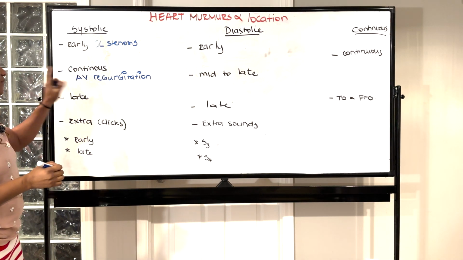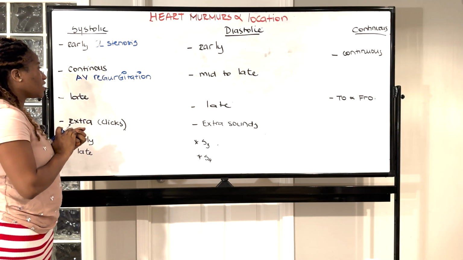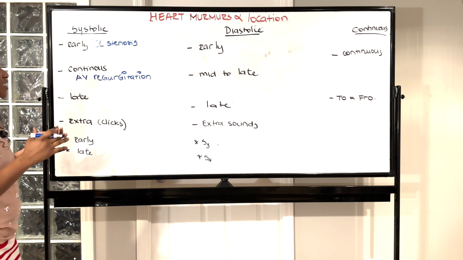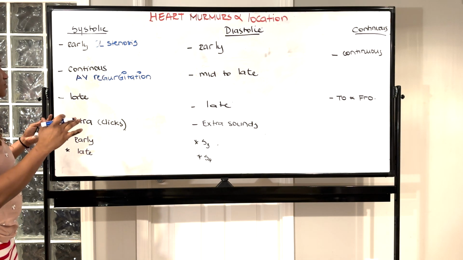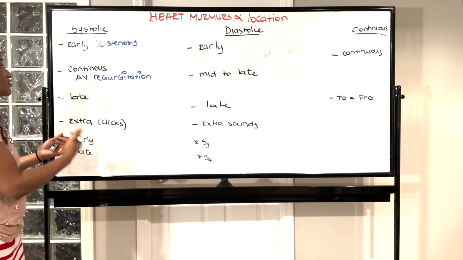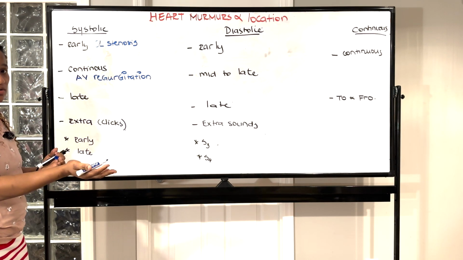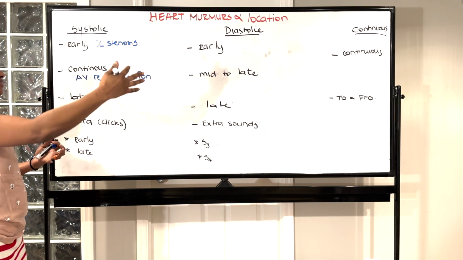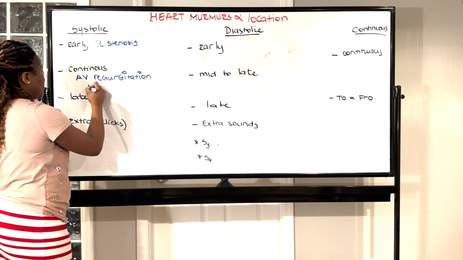Now we also talked about your ASD and your VSD, and we saw that during a VSD, the ventricle works with more blood, right? So you're going to hear the VSD during systole here.